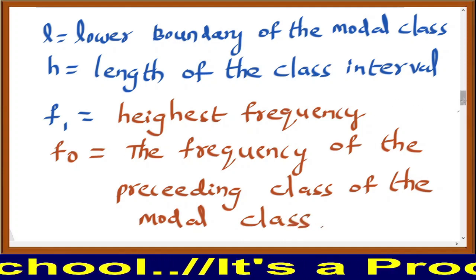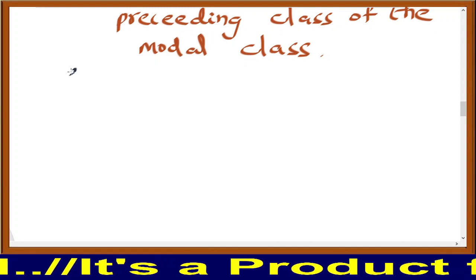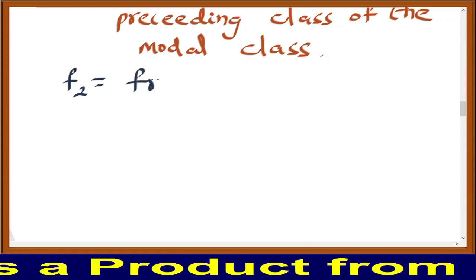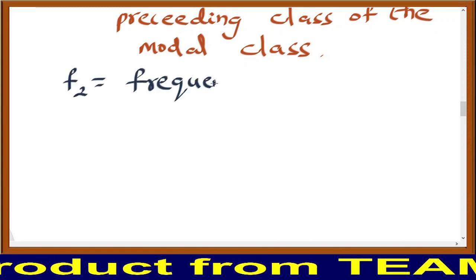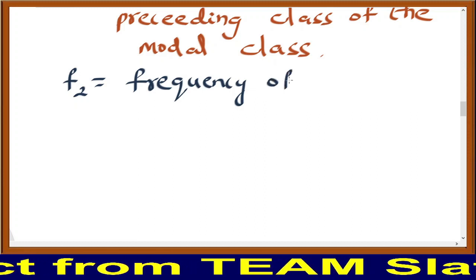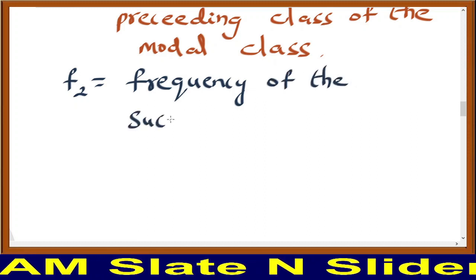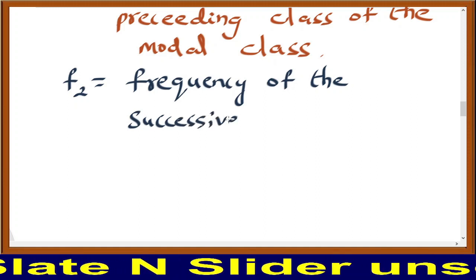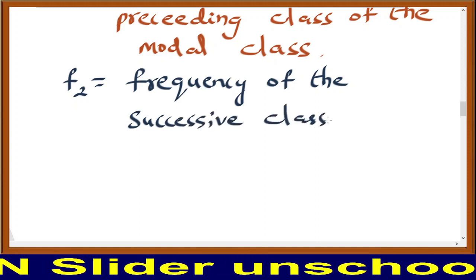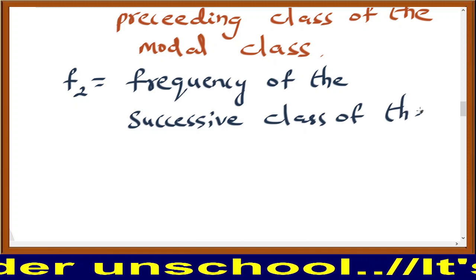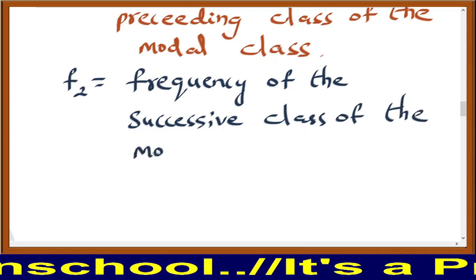And F2 is the frequency of the successive class of the modal class.